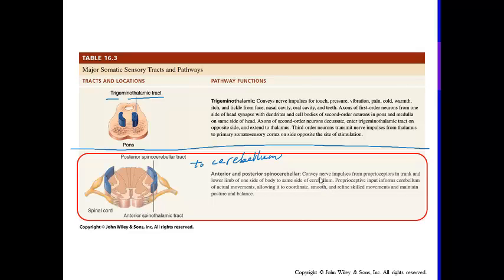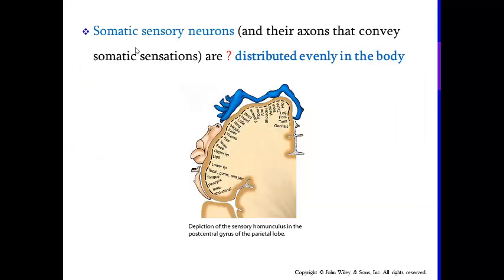Okay. Now let's take a look at our sensory homunculus, as it corresponds to regions that receive information from your sensory neurons. So do you remember, was it evenly distributed or not evenly distributed? Right.